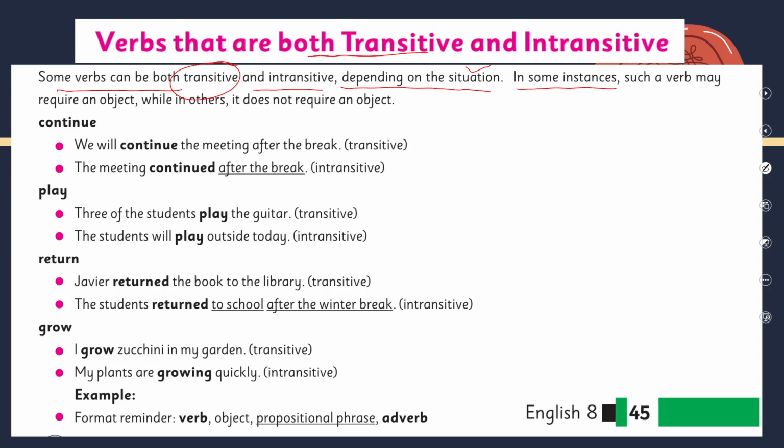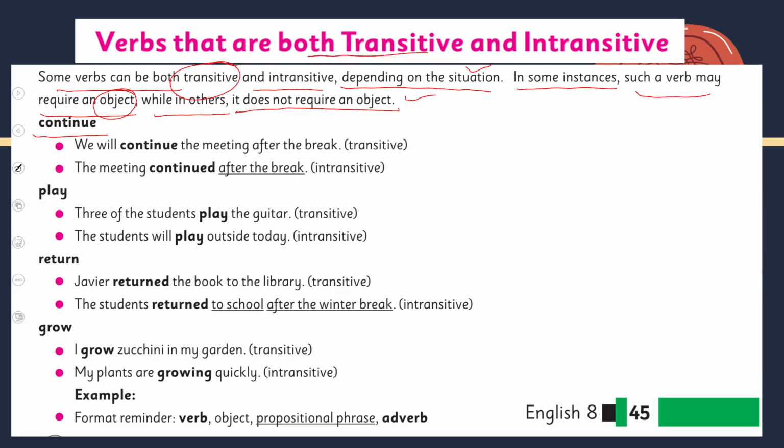In some instances or examples, such a verb may require an object, while in others it does not require an object. So it depends on the situation that we need to analyze first to see if the words are both transitive and intransitive.